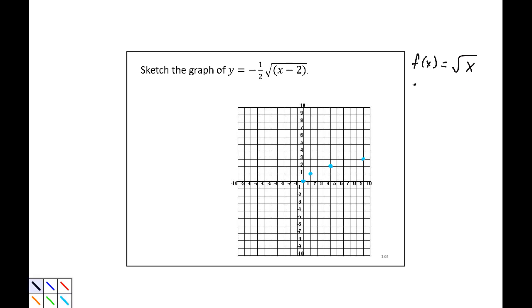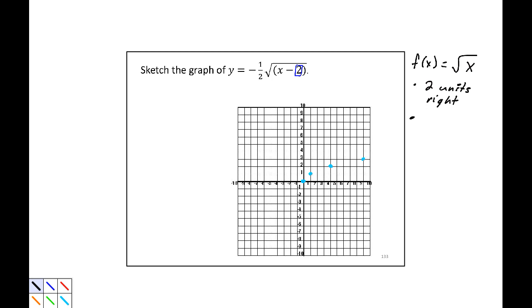Now, going in the order we stated, horizontal shifting: this moves 2 units. Again, we have a minus 2. That is a positive 2, so we're going to the right. After that subtraction sign, we have a positive sign. 2 units right.